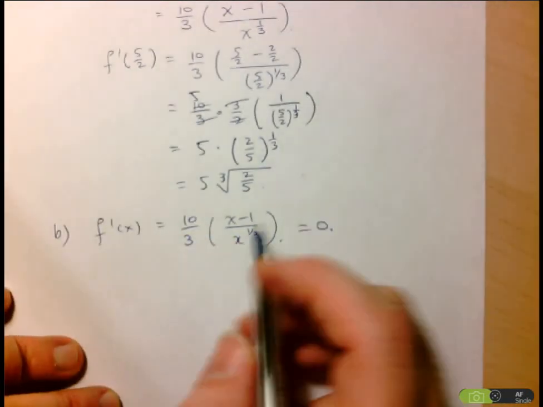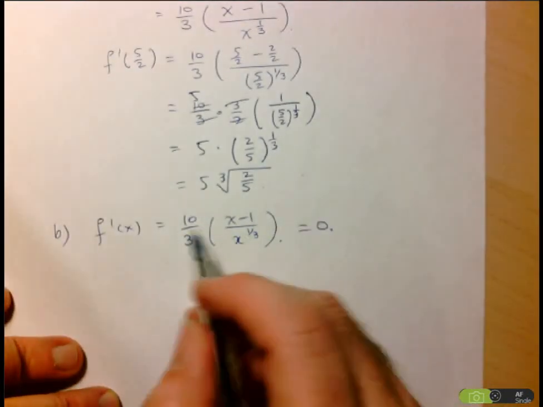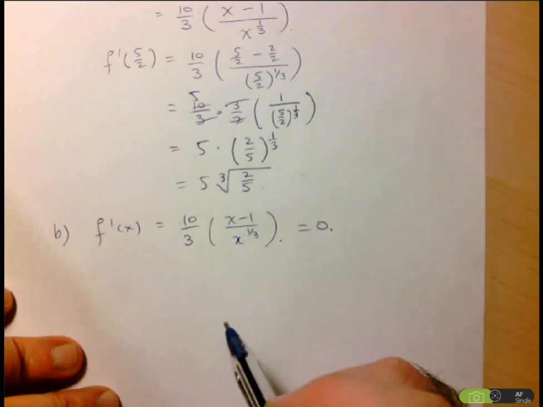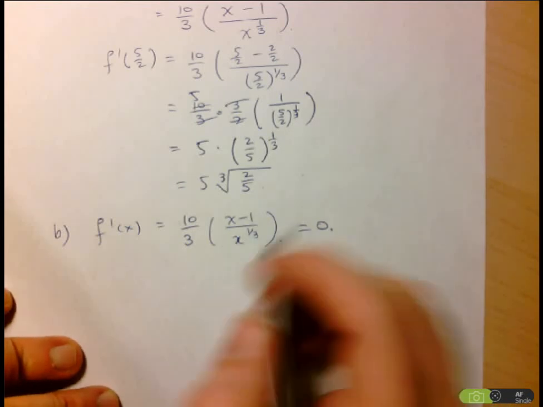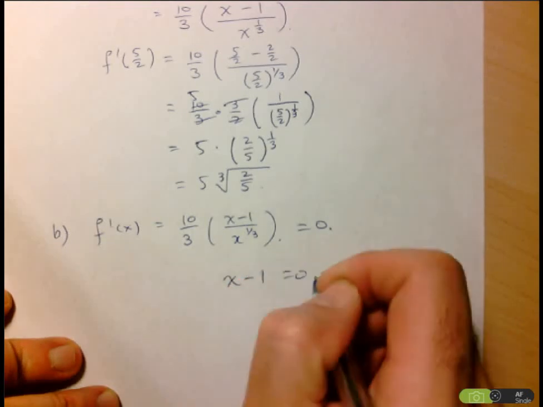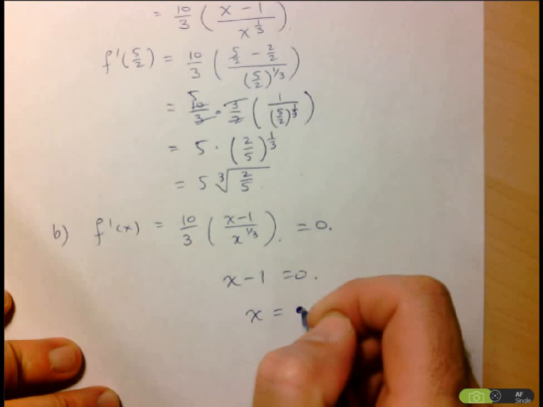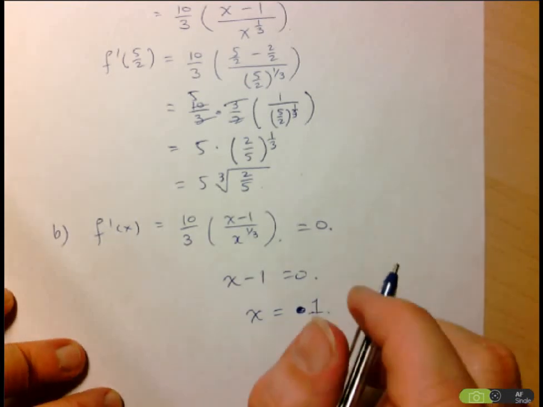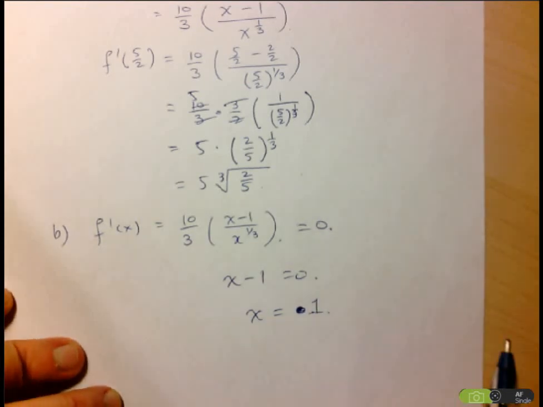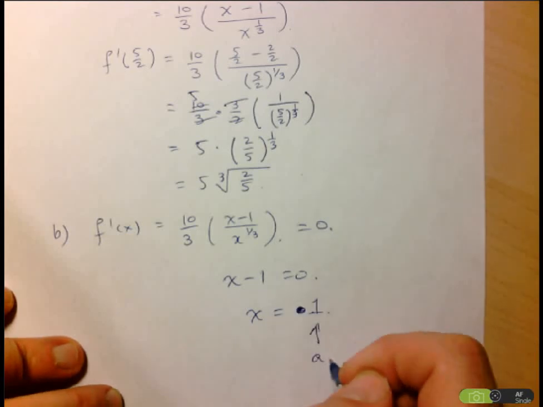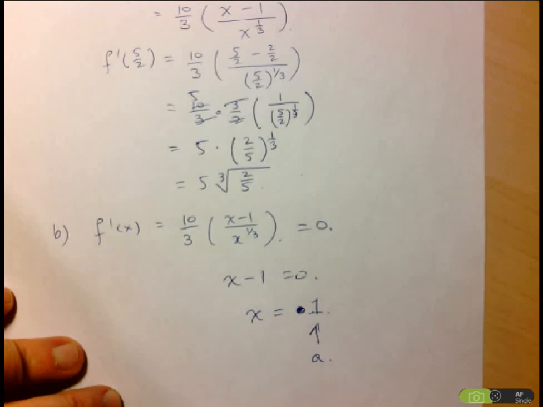This works out quite nicely because 10/3 can't ever be equal to 0, and the only way for this fraction to be equal to 0 is if the numerator is, so x minus 1 has to be equal to 0. In other words, x has to be equal to 1. This was our value of a, because that's the value where the derivative is equal to 0.